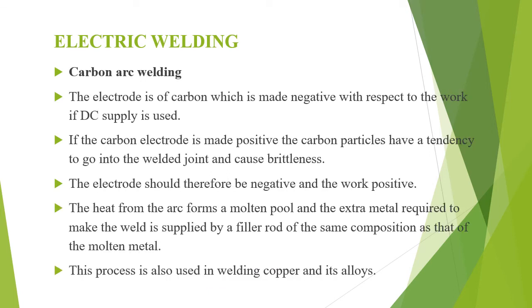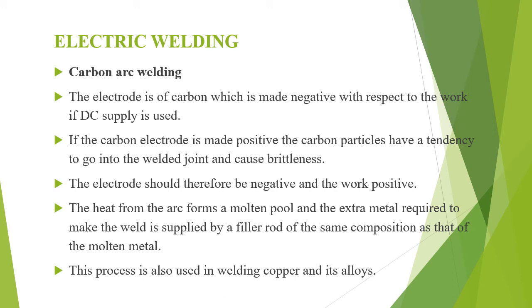Carbon arc welding. Carbon electrode is used in this welding process, which is made negative with respect to the workpiece if DC supply is used. If carbon electrode is made positive, then the carbon particles have a tendency to go into the welded joint and cause brittleness.